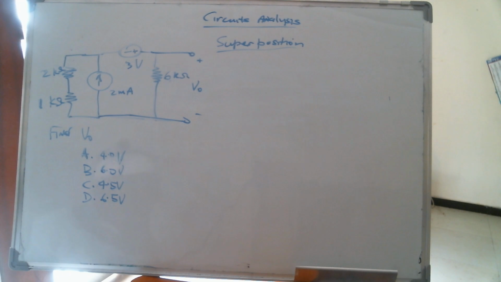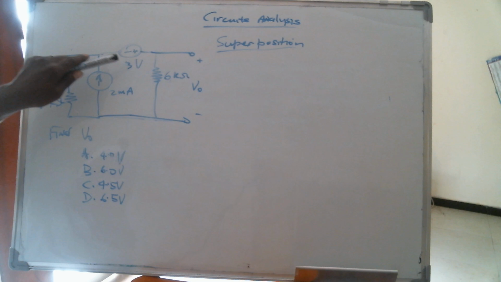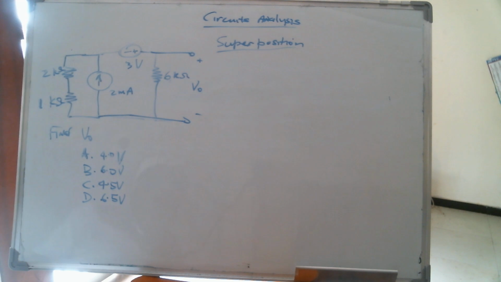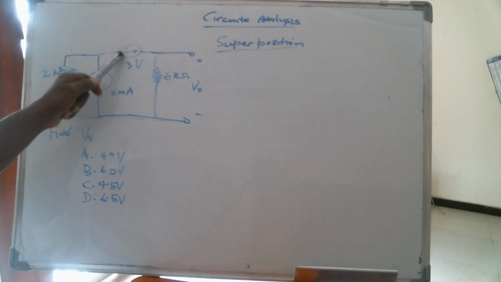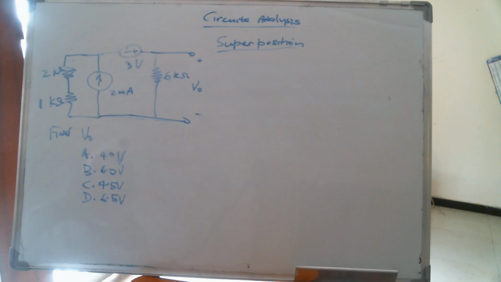Okay, continuing superposition. What we have here is a circuit with two sources, a voltage source and a current source. Realize the flow of current and the source polarity here in terms of the voltage source.